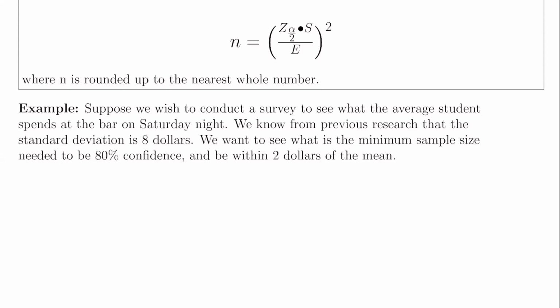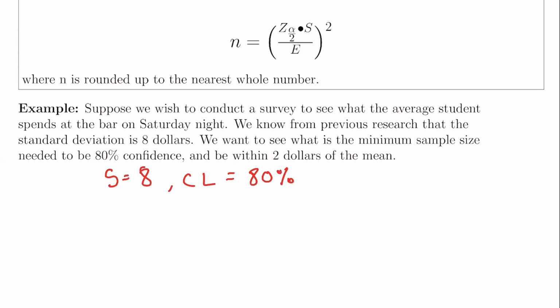First thing we're going to do is label everything. The first relevant information they give us is our sample standard deviation, which is $8. The next thing is the confidence level, which is equal to 80%.